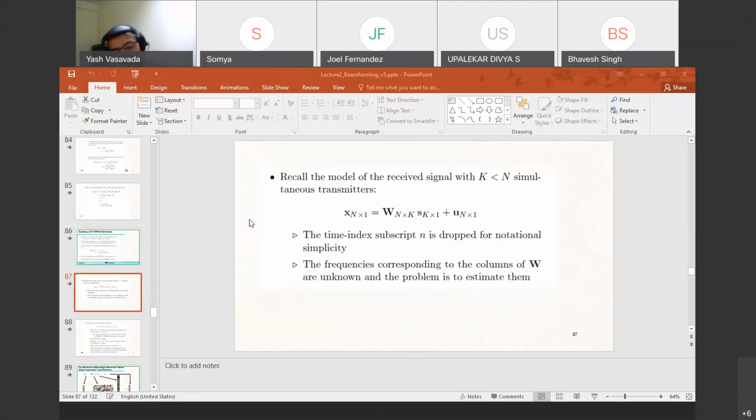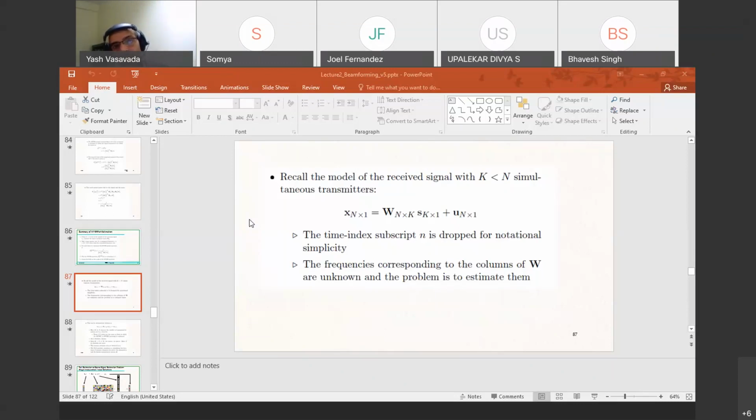This is what I want you to think about: RXX inverse, the inverse of the correlation matrix, is also going to give you the same end effect as what this V V Hermitian matrix of MUSIC does.